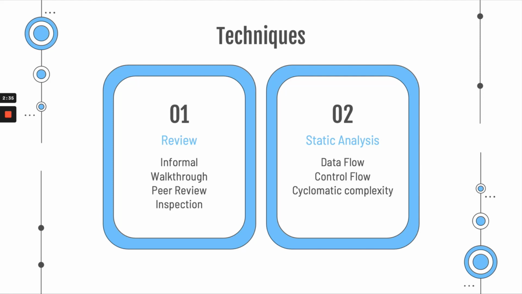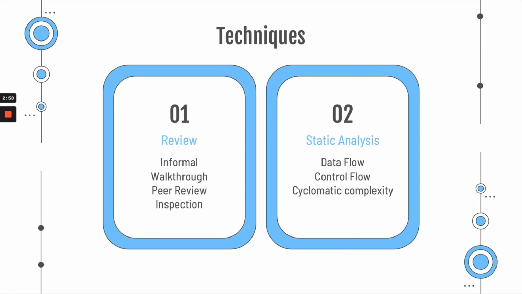It is processed to detect and remove errors and defects in the different supporting documents like software requirements specifications. People examine the documents and sort out the errors, redundancies, and ambiguities.